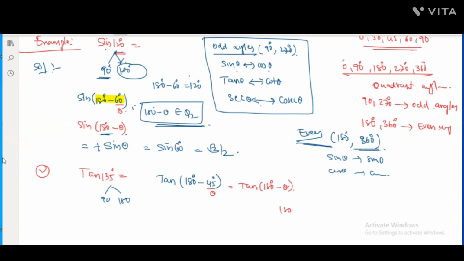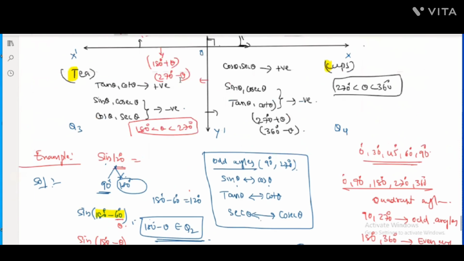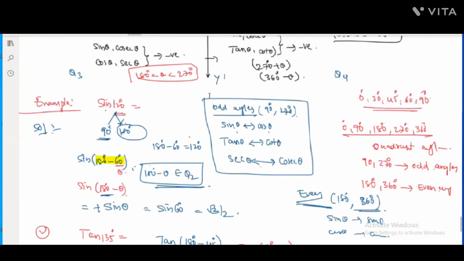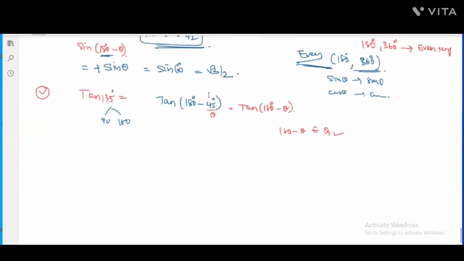Just now we saw it belongs to Q2. In Q2, is tan positive or negative? If you look at this, tan is negative. So tan of 180 minus theta gives a negative value. So we can take minus tan theta. The 180 is removed, and we take only minus tan theta.